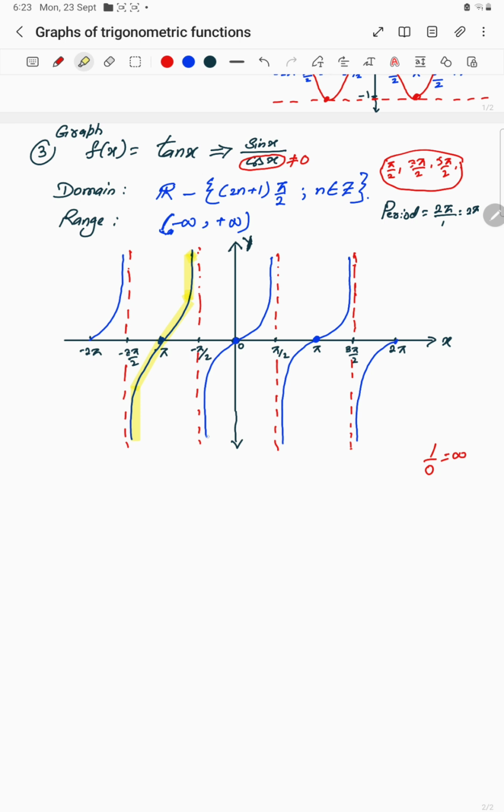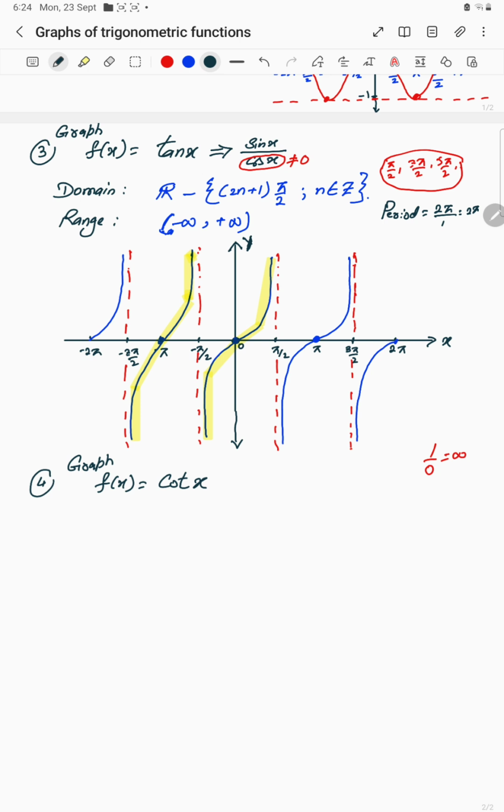It is increasing. You can see this function is said to be an increasing function. Then you can see this yellow one represents the graph going from bottom to top, it's always increasing, so we call this an increasing function as well, right? I hope it is clear. Let's go for the next graph.